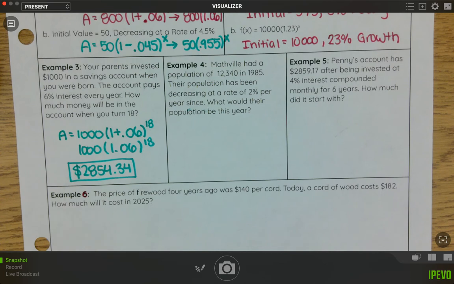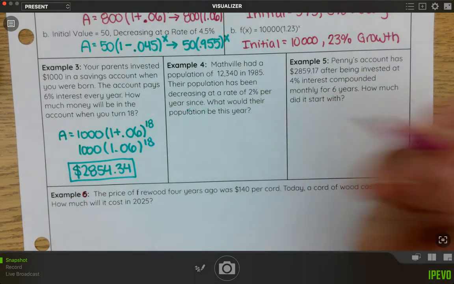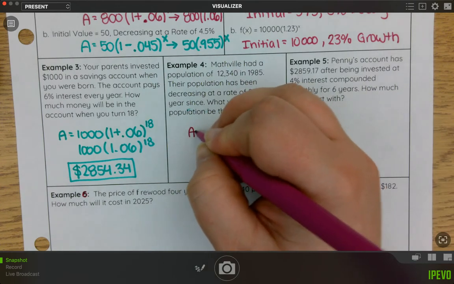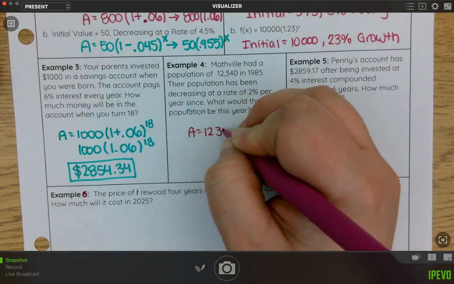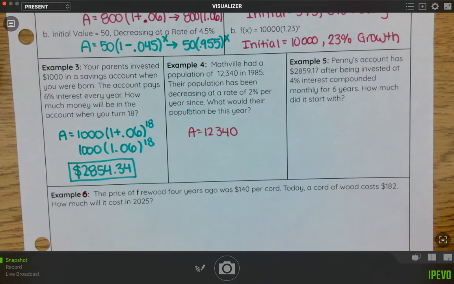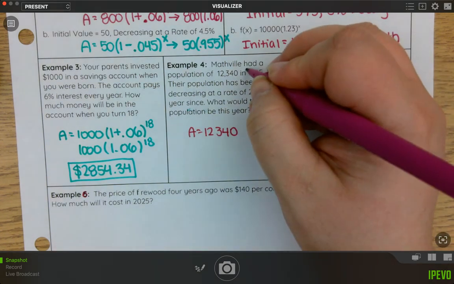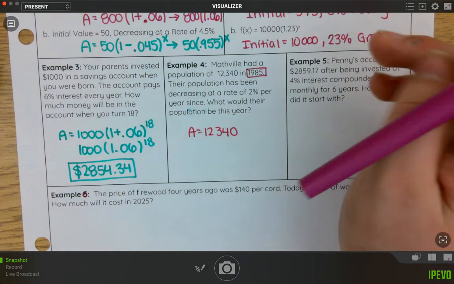Example 4, Mathville had a population of 12,340, so that's their initial, in 1985. I'm going to box that so I remember it, but I don't need to do anything with that just yet.